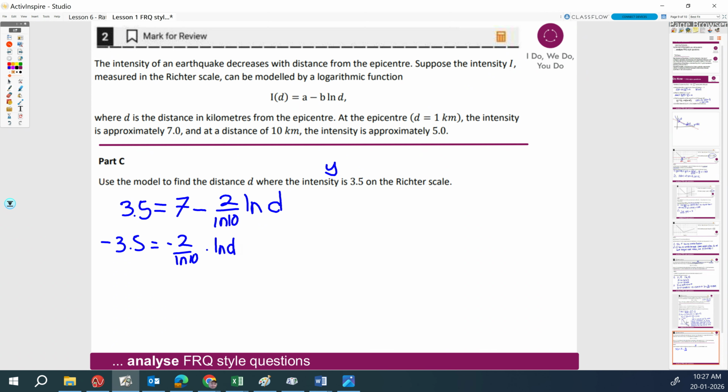That will give us 3.5 ln 10 over 2 equals ln d. So the inverse operation of ln is e to the power of. That means d is equal to e to the power of this whole expression, 3.5 ln 10 over 2.